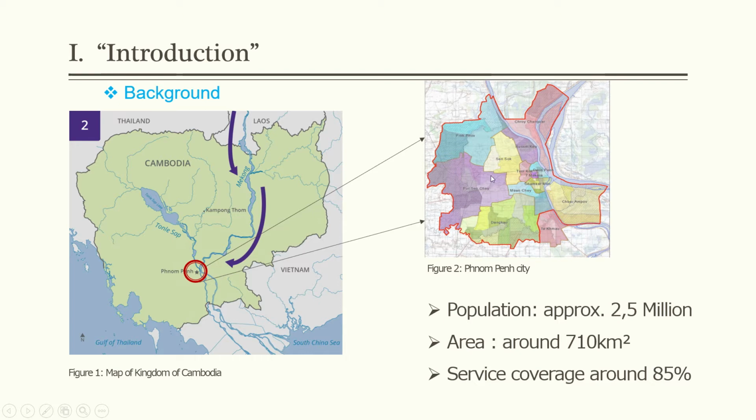On the right-hand side, in figure 2, is Phnom Penh city. In Phnom Penh city, the population is approximately 2.5 million, and the total area is around 710 square kilometers, and the water supply service coverage is around 85% presently.